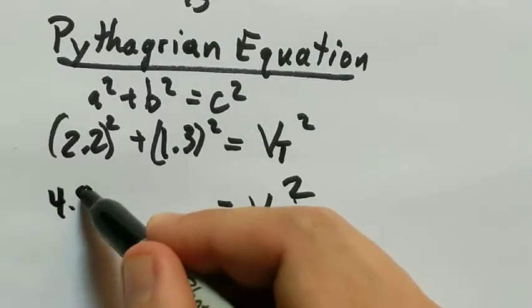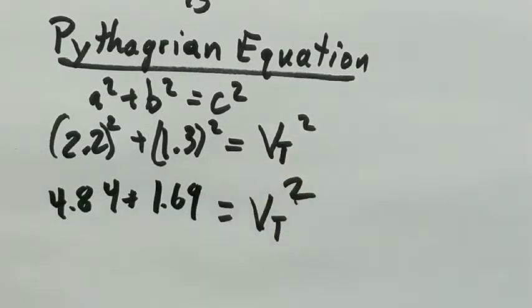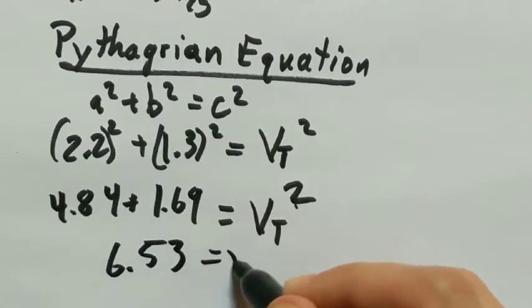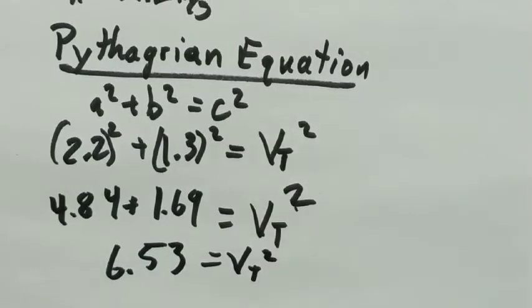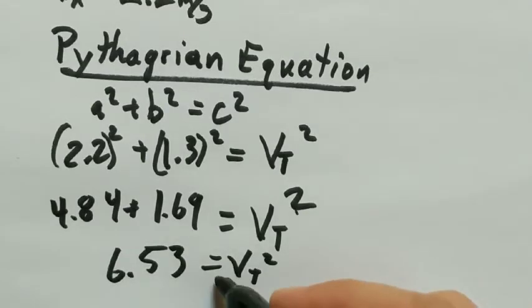That is 4.84 plus 1.3 squared, 1.69. Add those together, you get 6.53, my total velocity squared. But I am not looking for my total velocity squared, I'm looking for my total velocity.